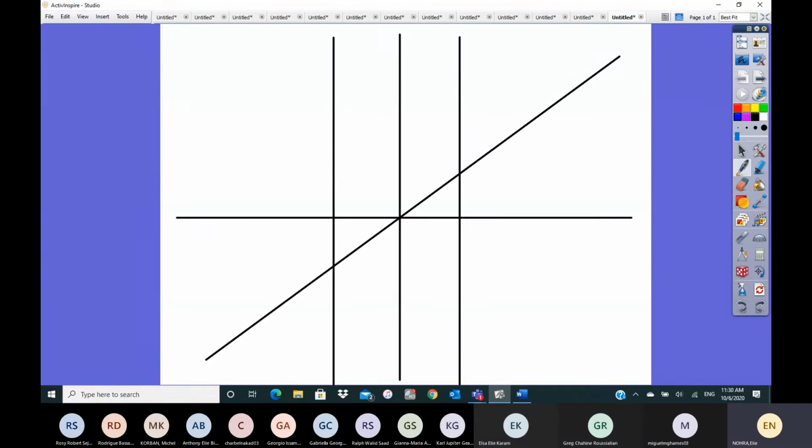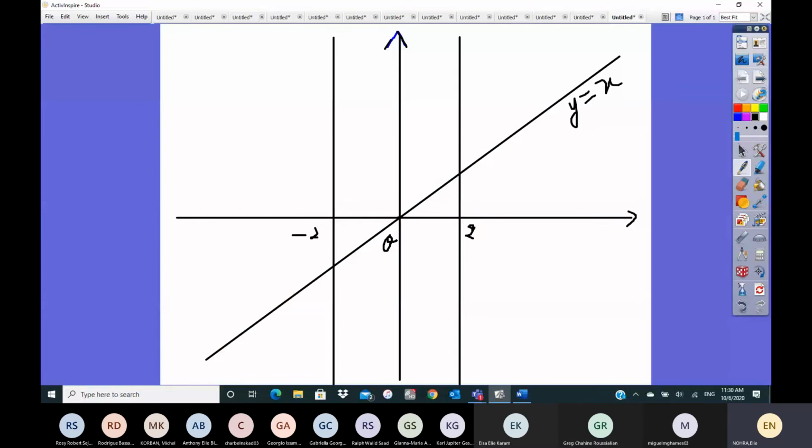Okay, so let's set the lines, all of them. These are the axes. This is the asymptote y equals x. This is the 2, and this is the minus 2. And this is obviously the 0.